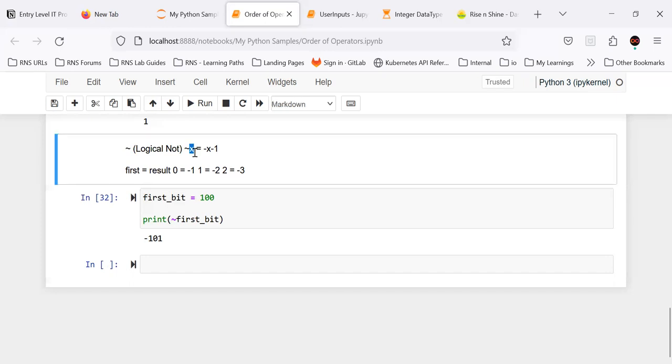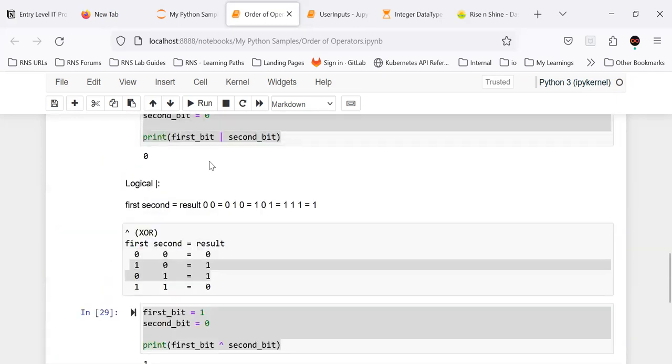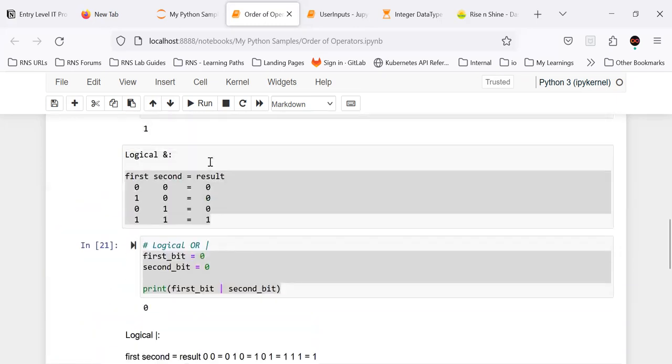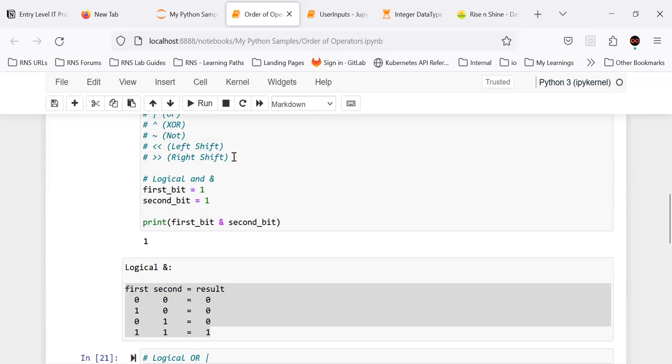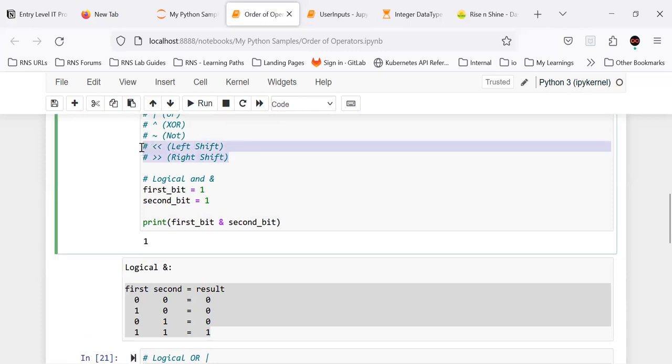Means you need to add minus 1. So this is all about understanding some logical bitwise operators, but we have 2 more, left shift and right shift, which we'll talk about tomorrow.